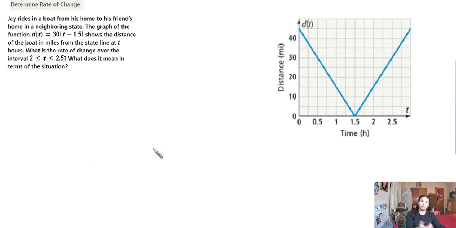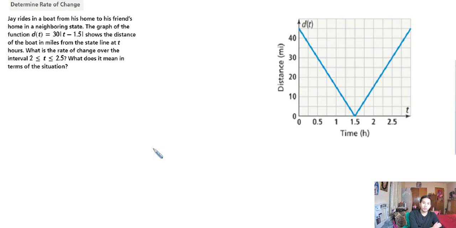Now in our absolute value function, we can also determine the rate of change. So it's the same problem. Jay rides in a boat from his home to his friend's home in the neighboring state. The graph of the function d of t is equal to 30 times the absolute value of t minus 1.5 shows the distance of the boat in miles from the state line at t hours.